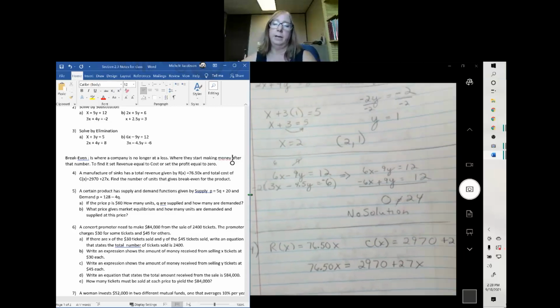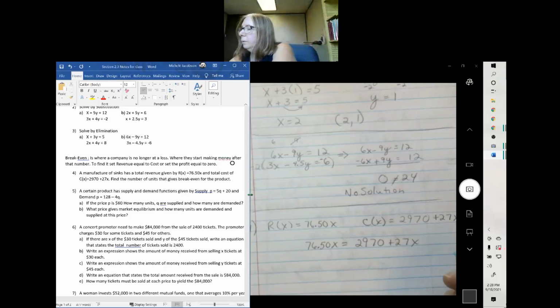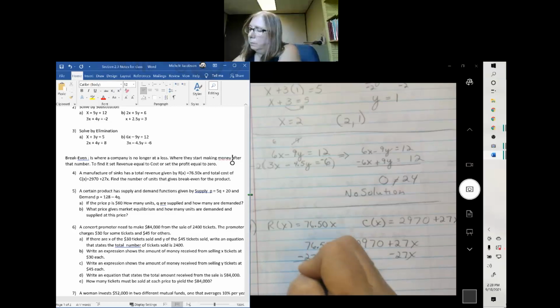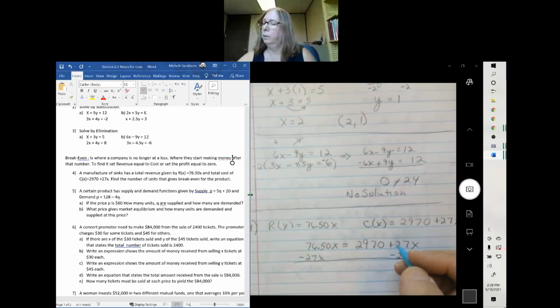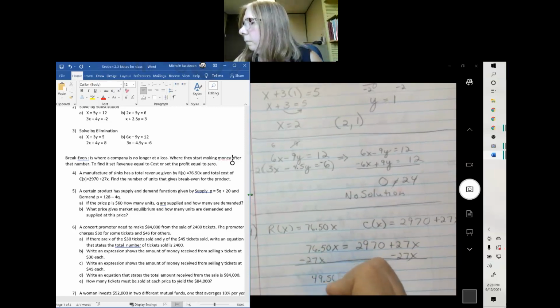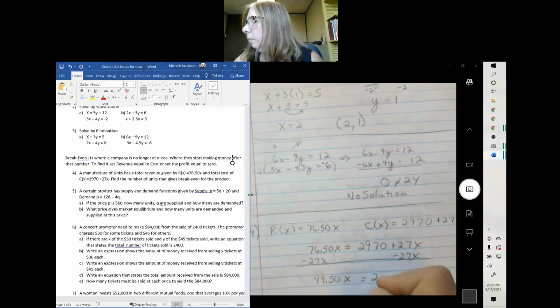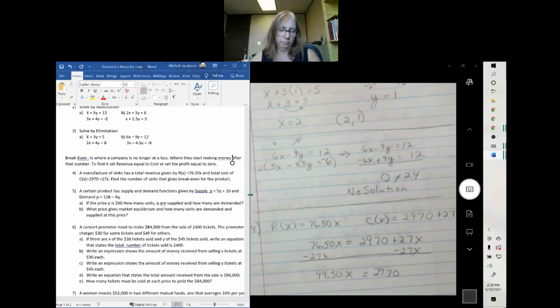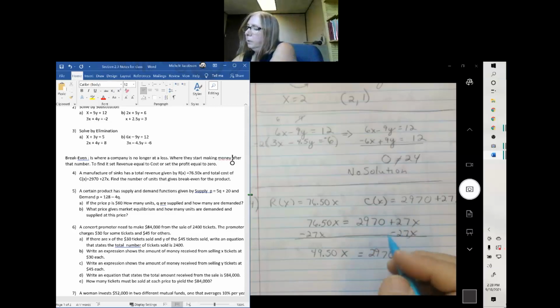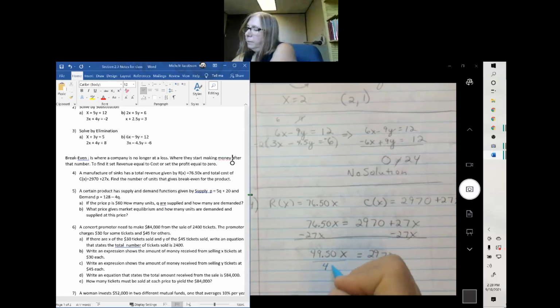So we are going to get the x's on the same side by subtracting the 27x over. We get $49.50. Divide by the 49.50 to get x by itself.